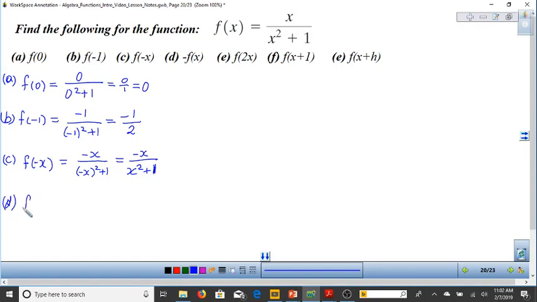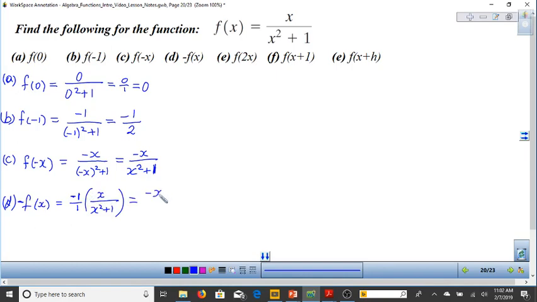What about negative f of x? All that means is I'm going to take my function and multiply by negative 1. Negative 1 times x over x squared plus 1. The thing is, when you multiply by a whole number, you only multiply the numerator. So I'm only going to multiply that negative 1 to the numerator.